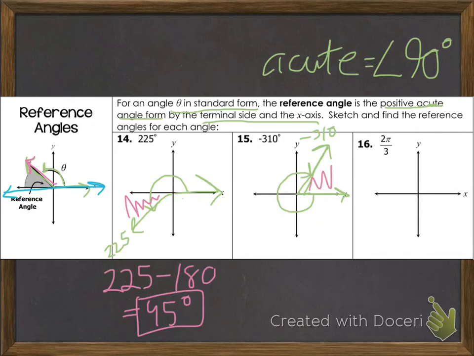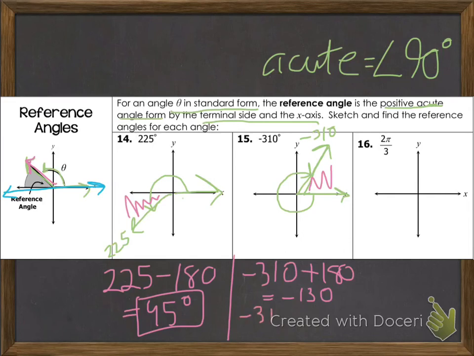So for that one, since we have a negative number here, we're actually going to add 180. So I'm going to go down here with negative 310 plus 180. But notice, you end up getting negative 130. That's not positive, and it's not acute. So add 180 again.